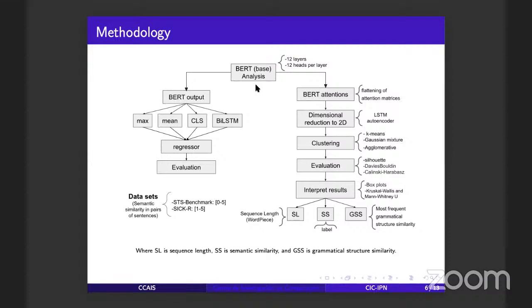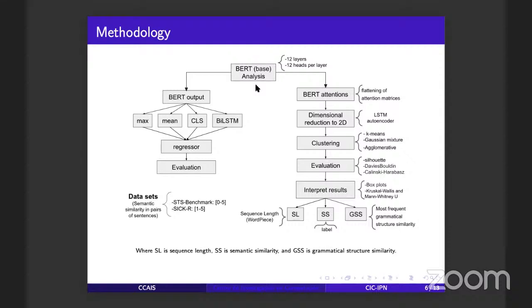For this analysis, it was necessary I did a dimensional reduction to 2 dimensions with an autoencoder. And then I did a clustering analysis and evaluation of that clusters.